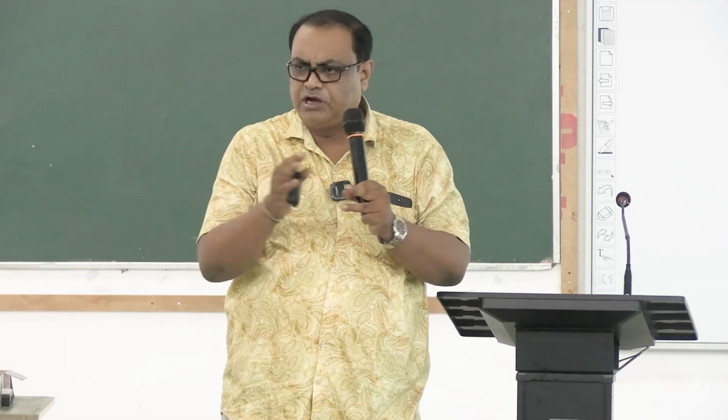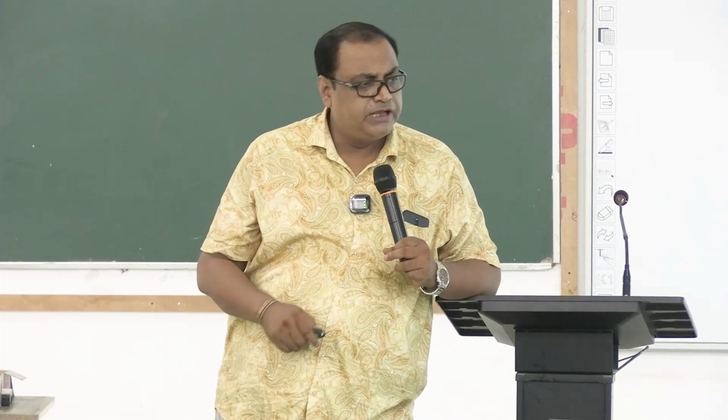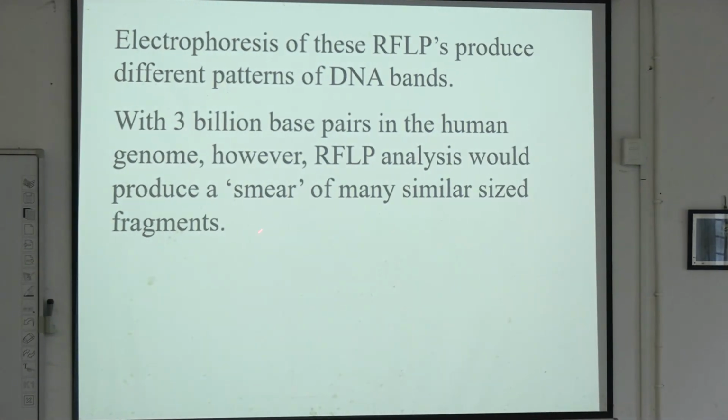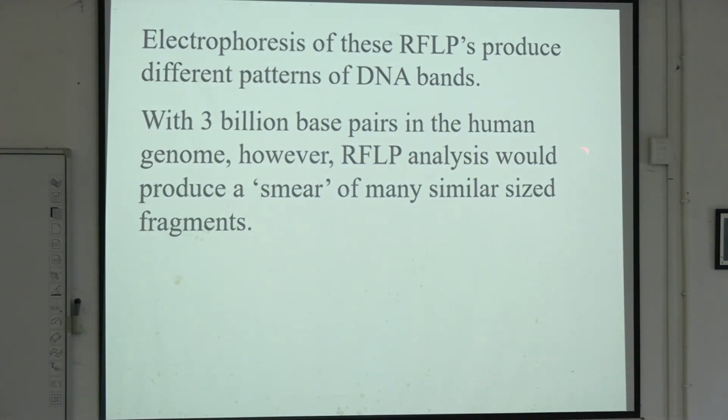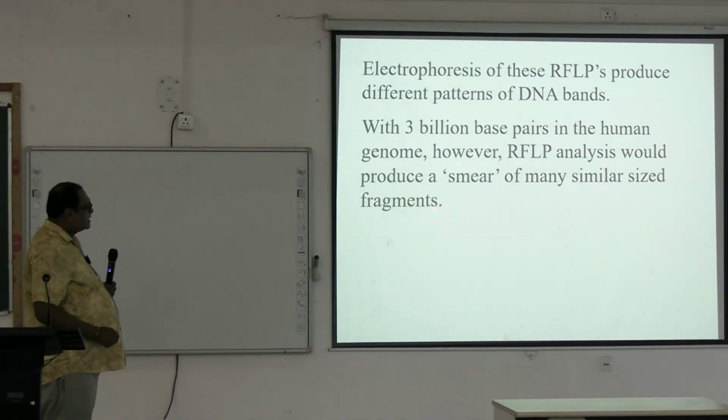Polymorphism means the same DNA with different sizes. This is called restriction fragment length polymorphism. With 3 billion base pairs in the human genome, RFLP analysis would produce a smear of many similar size fragments.